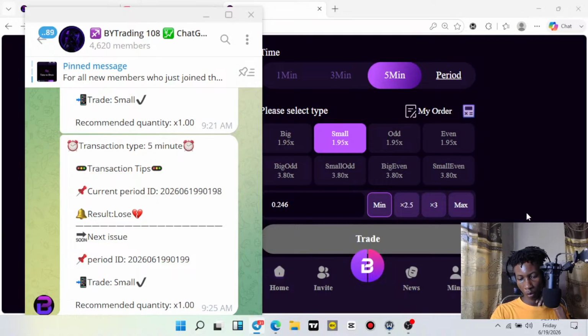How much can be made daily from this? It actually depends on your capital, your account size. If you are using a $100 trading account, you can expect 3% of your money every single day.